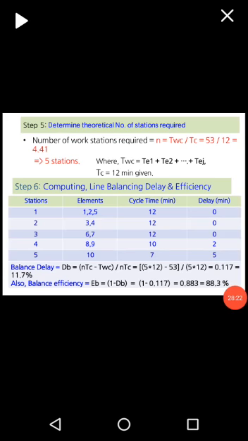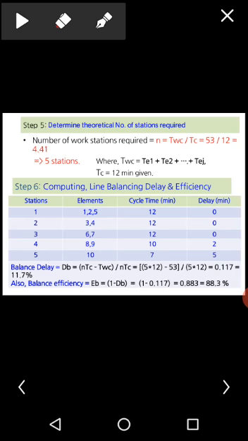In step 5, determine the theoretical number of stations required. The number of workstations required, n, is equal to TWC divided by TC, which is 53 by 12, equal to 4.41, that is 5 stations.